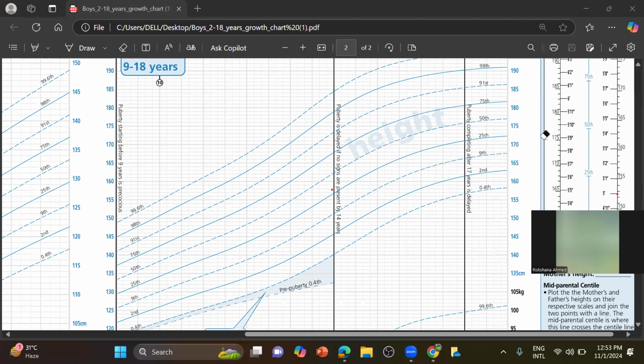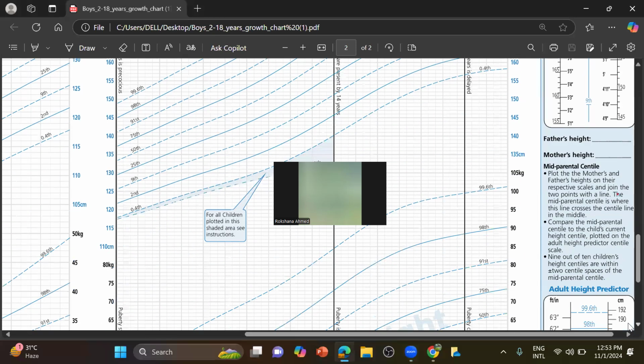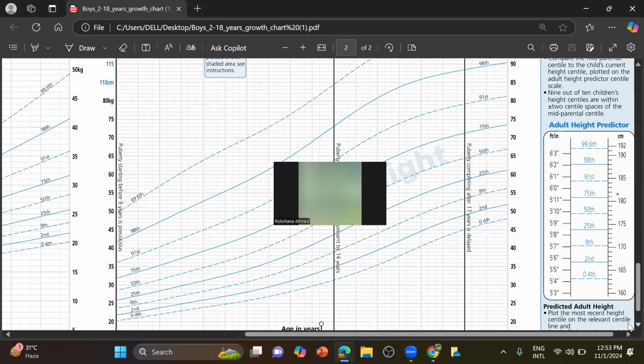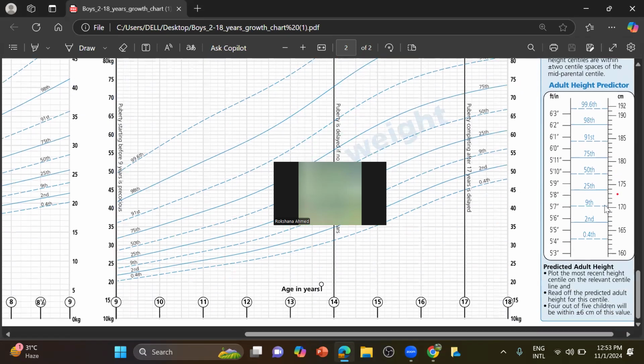Okay. So, adult height predicted: suppose our child is now on the 9th centile. In the adult height predictor, it is said that he will be 6 centimeters above and 6 centimeters below.